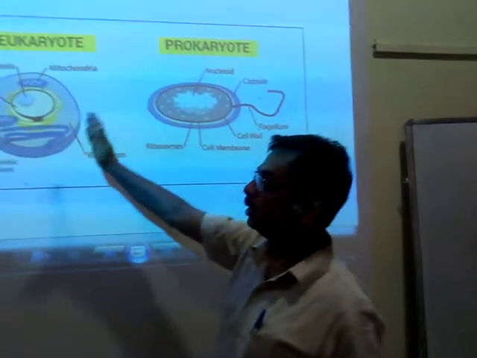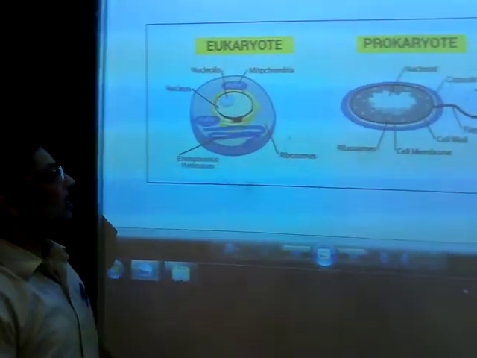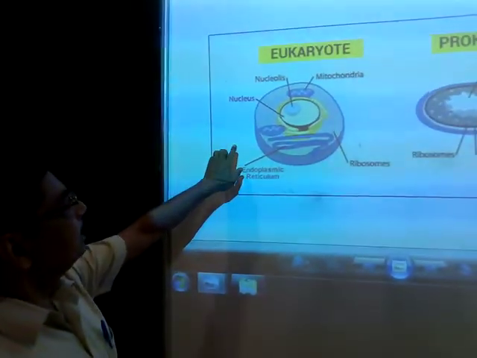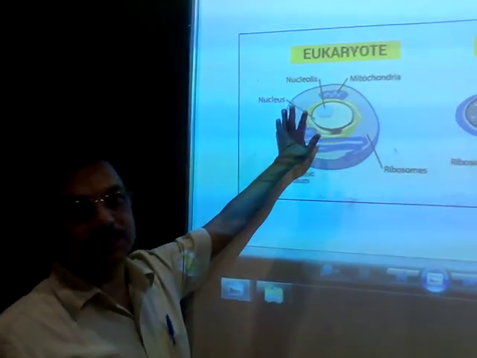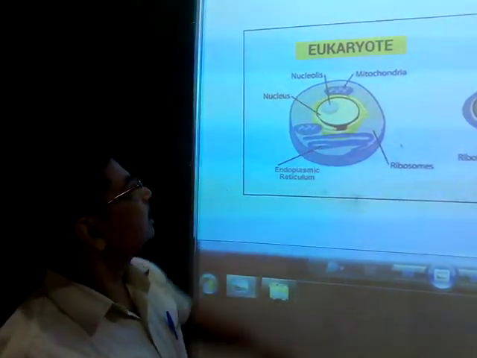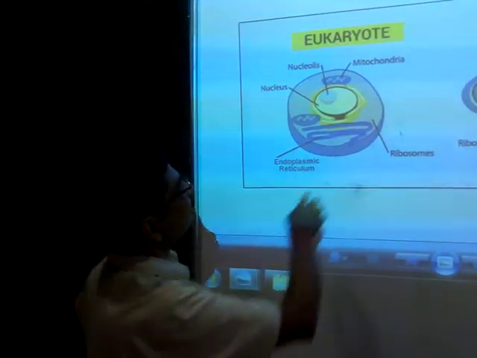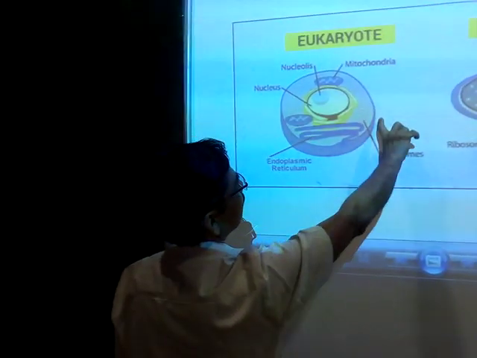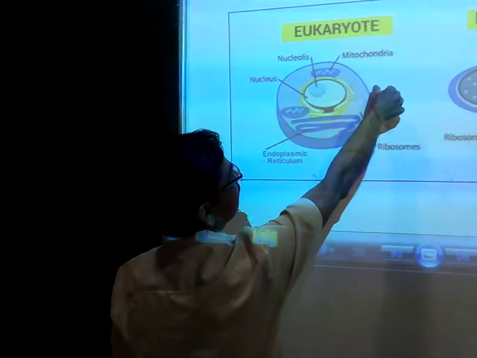Now come to the eukaryotic cells. This is the basic structure of a plant or animal cell. In the eukaryotic cell, this is the outer cell wall if it is a plant cell, and this is the cell membrane.